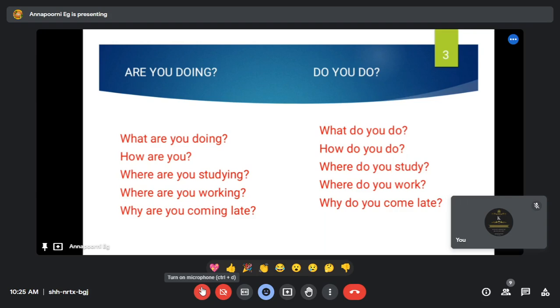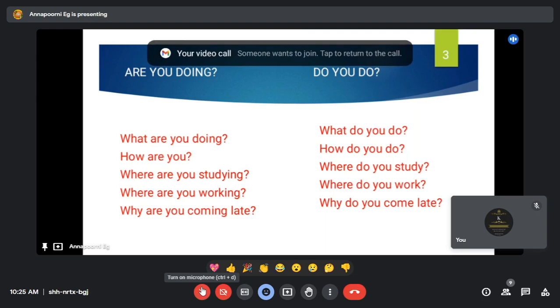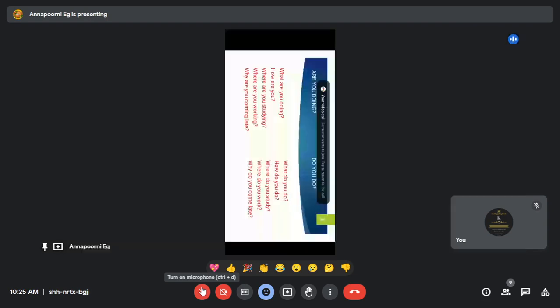Now we can compare them. I am comparing the first two sentences: what are you doing and what do you do? Can anyone find any difference in these sentences?